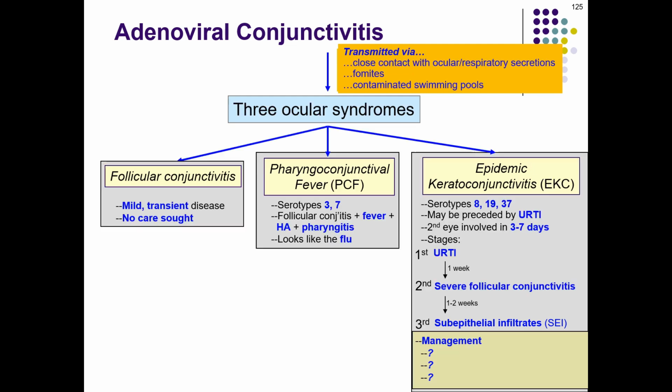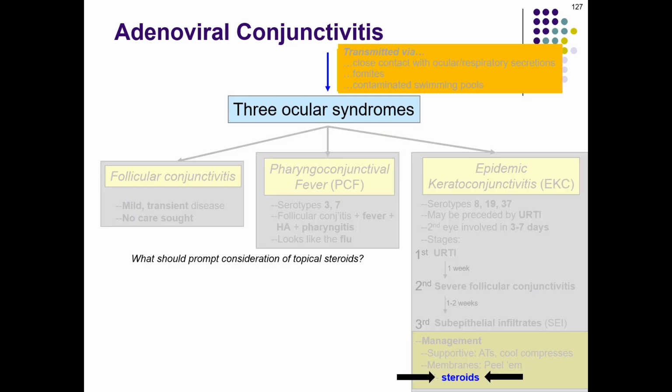So coming now to the important point, what is the management? Usually the management is supportive. Artificial tears with cold compresses. And if you see membranes, you should peel them, plus or minus steroids. What are the indications of topical steroids in adenoviral conjunctivitis? If the case is severe.